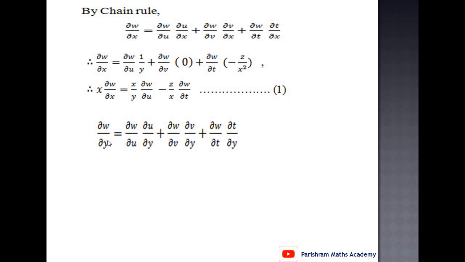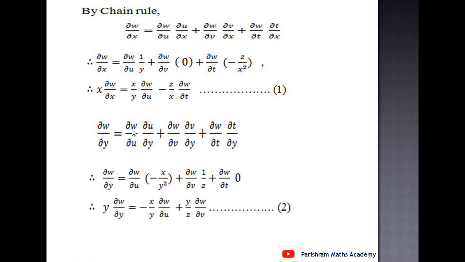Then we can find the derivative of w with respect to y, equal to ∂w/∂u · ∂u/∂y + ∂w/∂v · ∂v/∂y + ∂w/∂t · ∂t/∂y, and therefore equal to ∂w/∂u · (−x/y²) + ∂w/∂v · (1/z) + ∂w/∂t · 0.